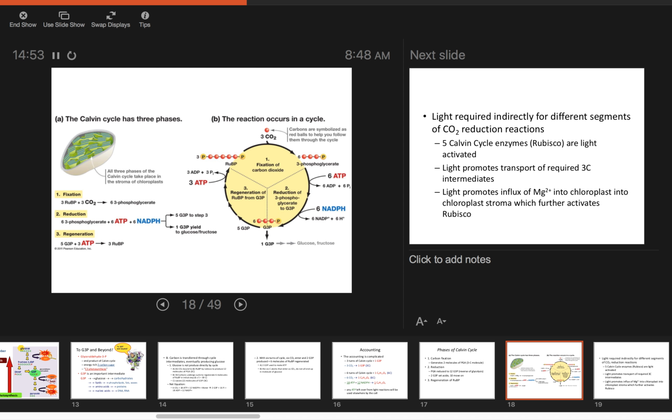I guess we can also keep track of the phosphates if we really wanted to, but we have 6 P's over here. Yeah, we'll just do that. Now ATP comes in, and we're going to reduce PGA to get to G3P. ATP is going to lose a phosphate, but there's 6 of them, so it's going to lose 6 phosphates, as well as some electrons.